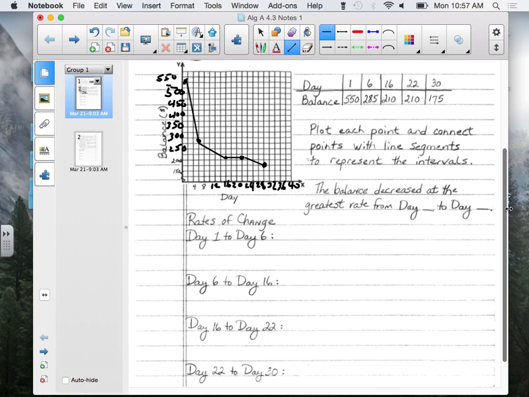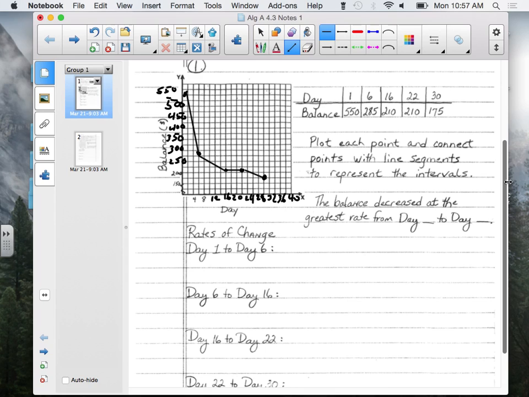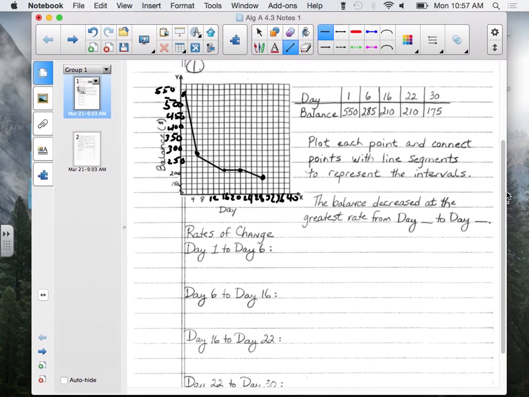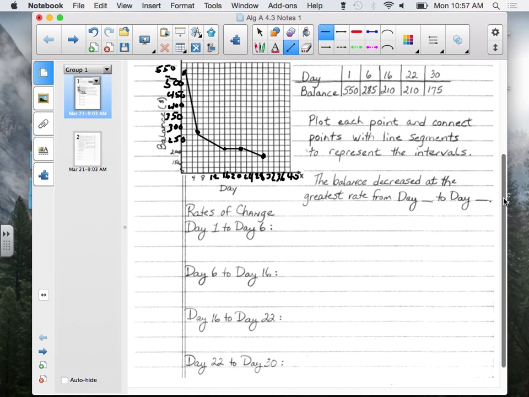So to do that, what do you guys think would be a good comparison to make? Cody? To make a quick comparison, wouldn't you need to use your run and your rise? And what do you mean by that? Like, you use your rise to find the difference in your y values of 2 points in a line, and you use your run to find the difference in x values of 2 points in a line. Yep, you can do that.